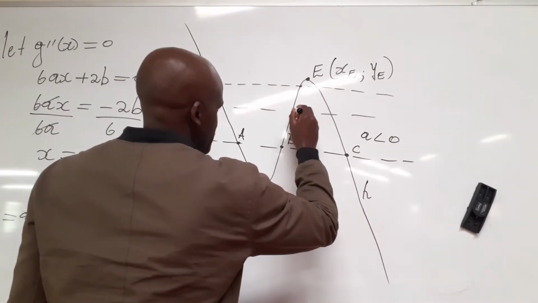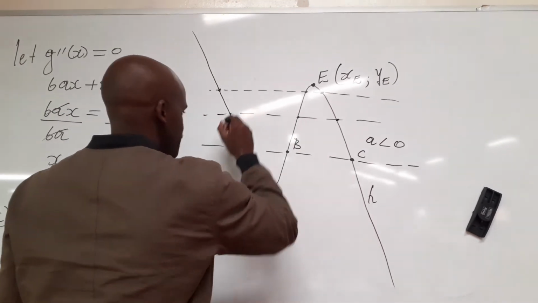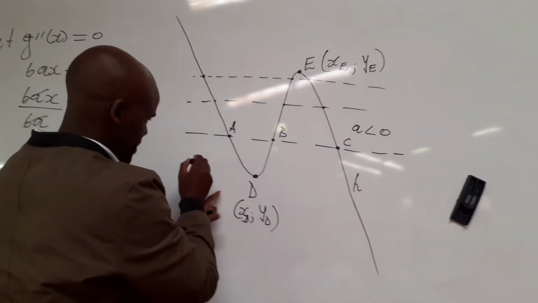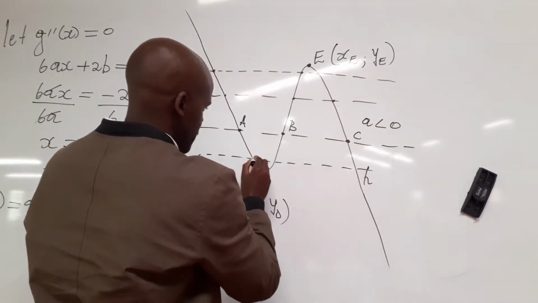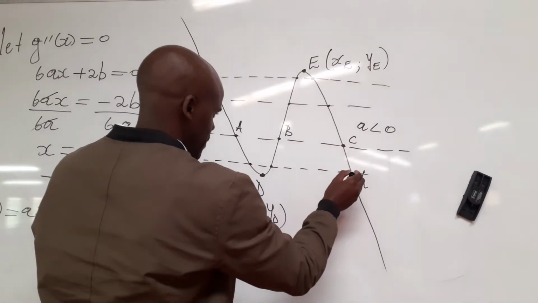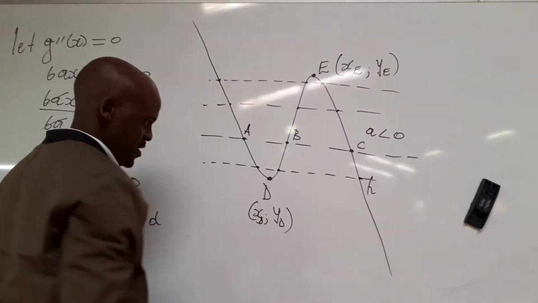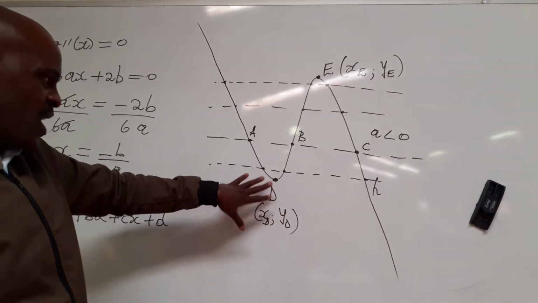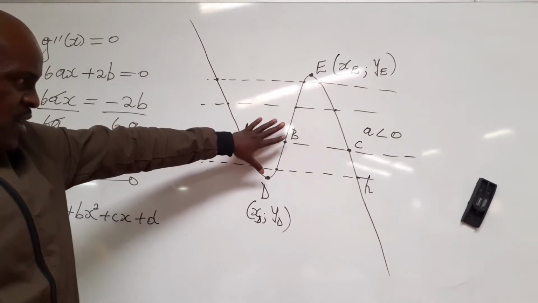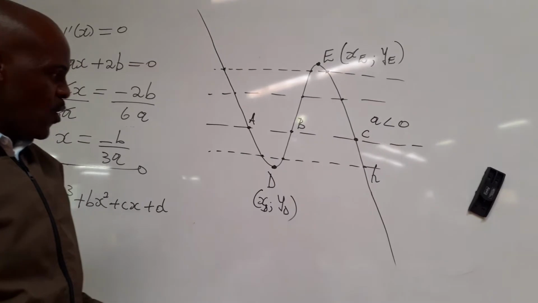Everywhere here, just below point E, and also above point D, just above that point, the horizontal line will cut this graph at 3 points.